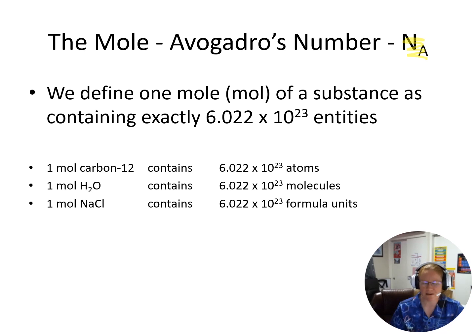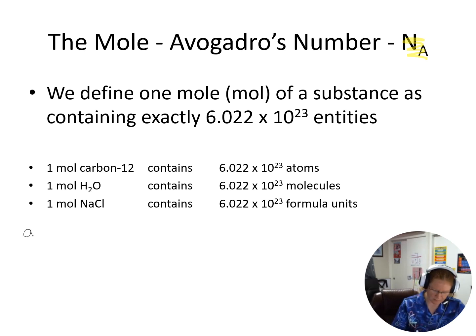A minute ago, I said, if I have 1.0079 grams of hydrogen atoms, how many atoms do I have? Well, I actually have 6.022 times 10 to the 23rd, because the masses on the periodic table are not just in AMU. They're in terms of grams per mole.